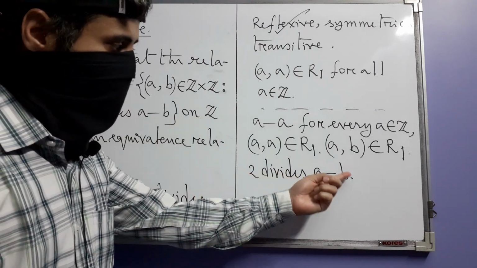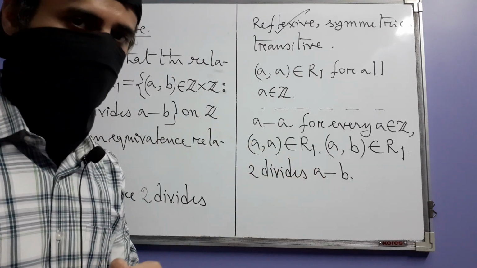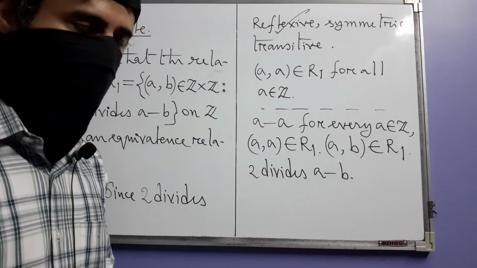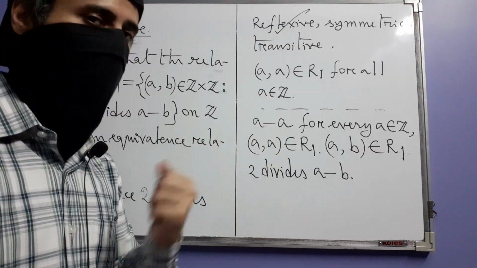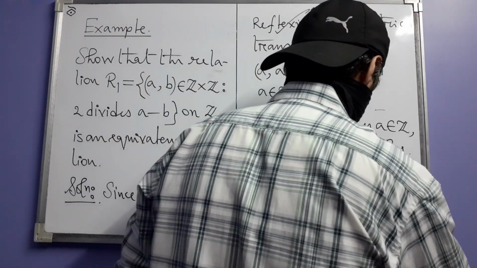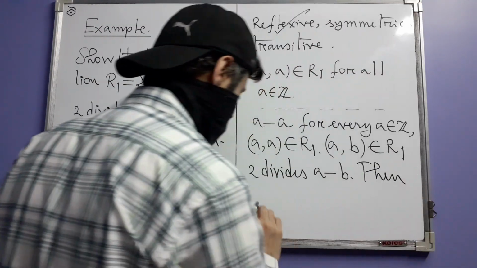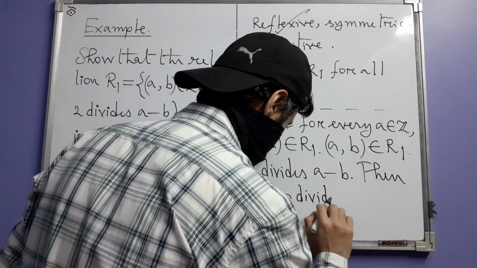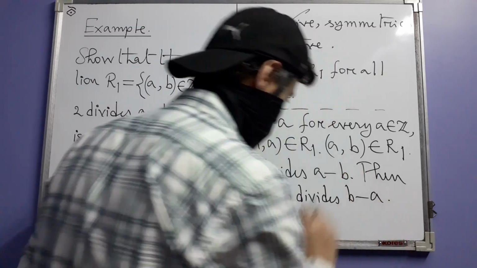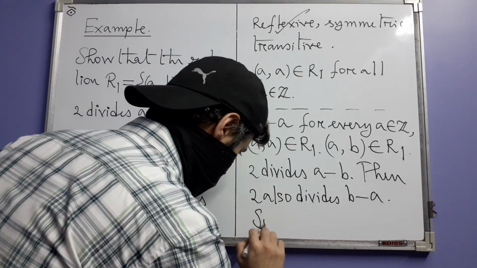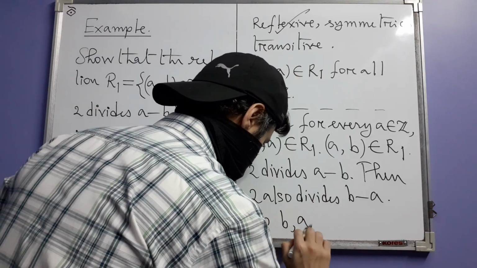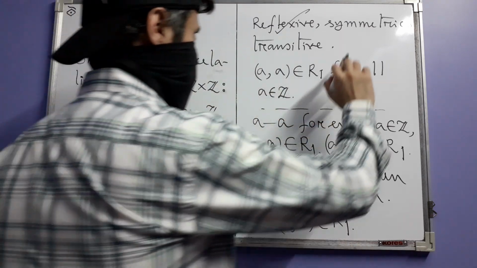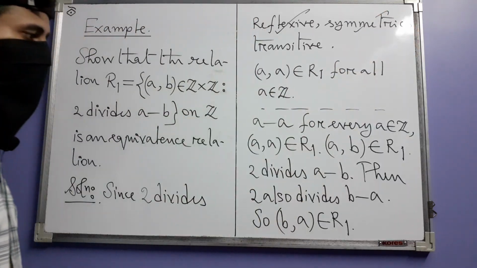For example, if you have 12 here, 12 is divisible by 2. Minus 12 is also divisible by 2 because minus 12 is just minus 1 times 12. Then 2 also divides b minus a, so this also belongs to R1. That means our relation is symmetric as well.